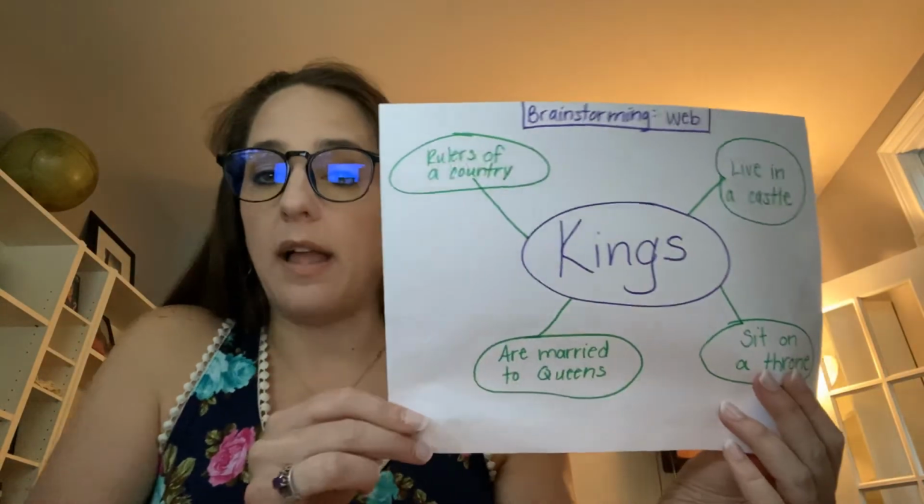So what I want you guys to do in your language books, okay, I want you to come up with a topic, okay, that you want to write a story about, okay, and I want you to either make a web like this, or you can make a list, like a chart, like he did, where you have your real ideas and make-believe ideas, okay?